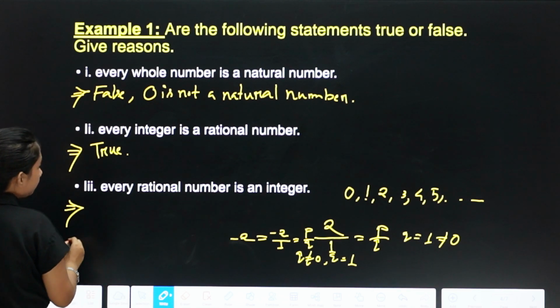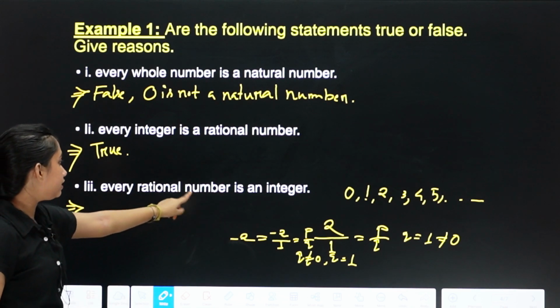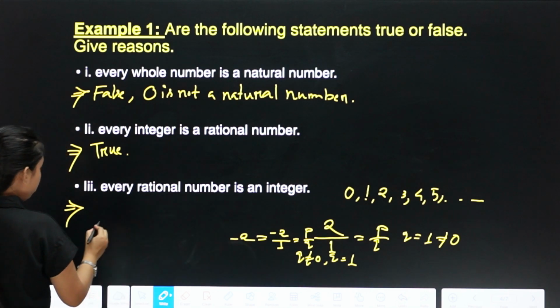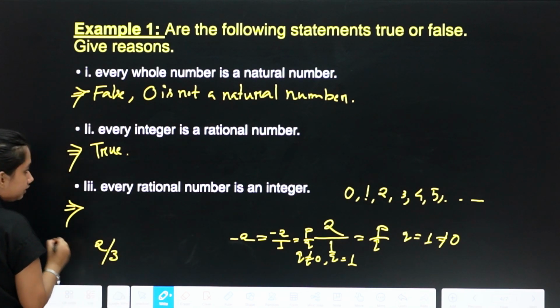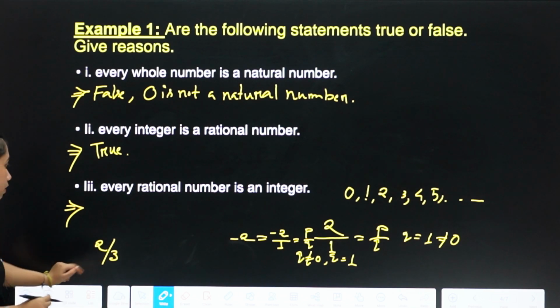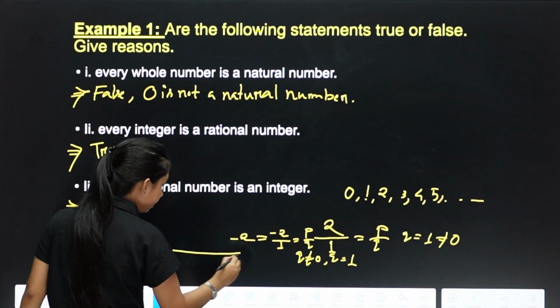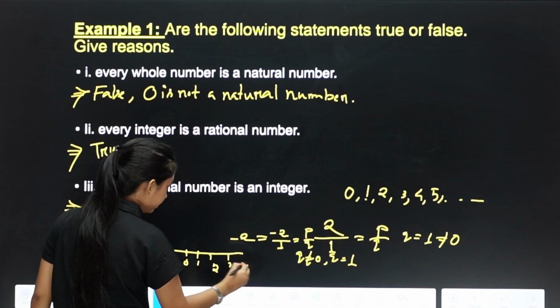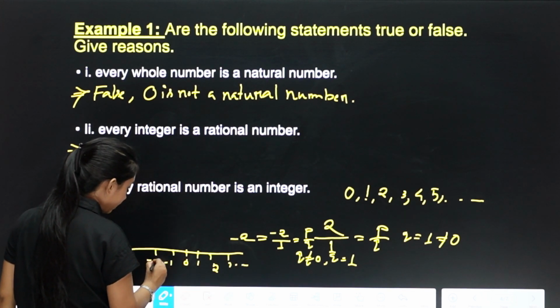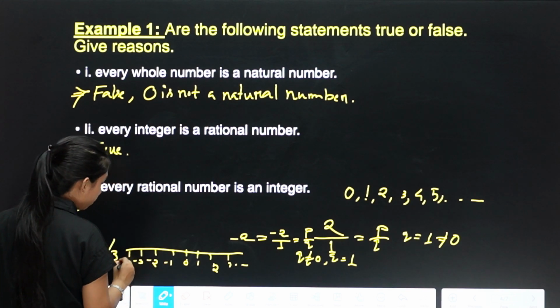Again, our third statement is every rational number is an integer. For example, 2 by 3, is it an integer? No, because we know that integers are 0, 1, 2, 3 and so on, and minus 1, minus 2, minus 3 and so on.